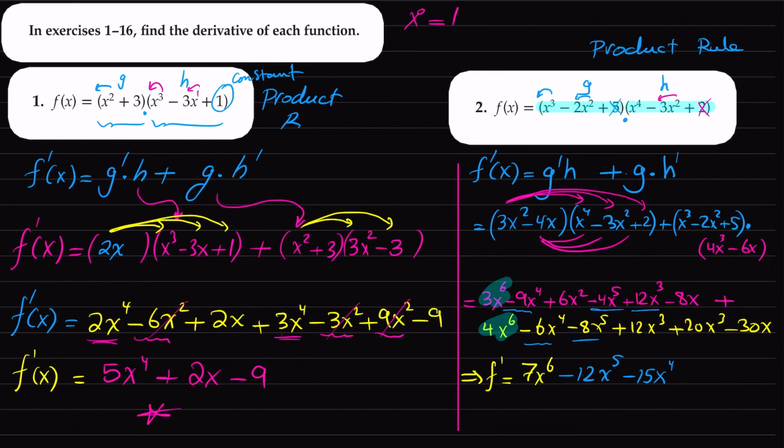And then 12x cubed plus 12x cubed, which is 24, plus 20, it's 44x cubed. And for x squared, we have just 6x squared, minus 30x at the end. So this is our derivative of the function f of x using the product rule.